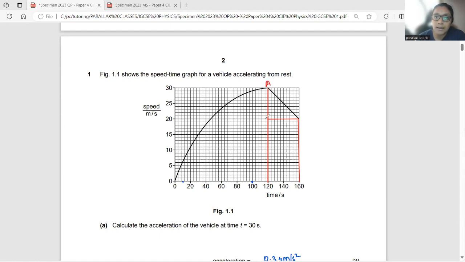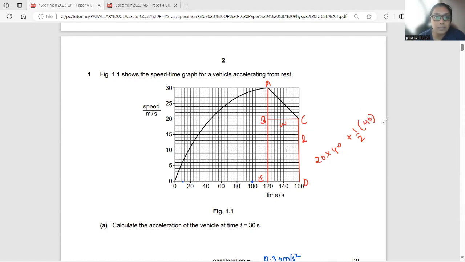Let's name this ABC and DE, right? So the rectangle BCDE will have the area length into width. Length is 20, width is 40. That's the area of the rectangle. Area of the triangle will be added to it, which is half times base, which is again 40. Base is BC.